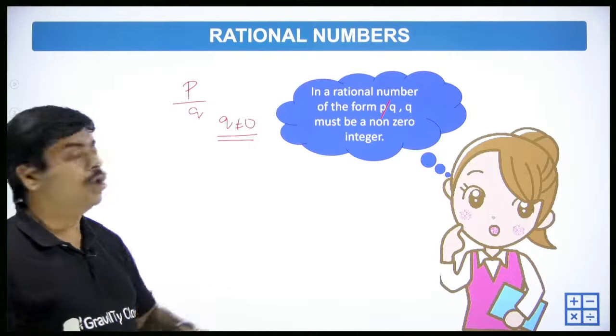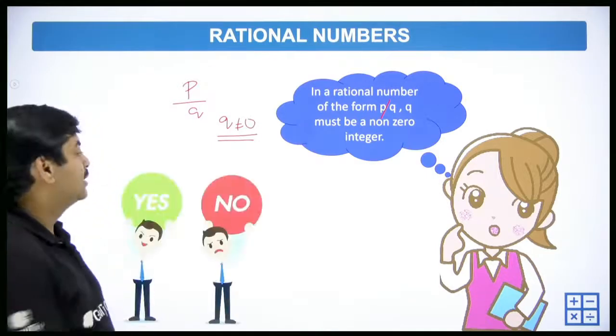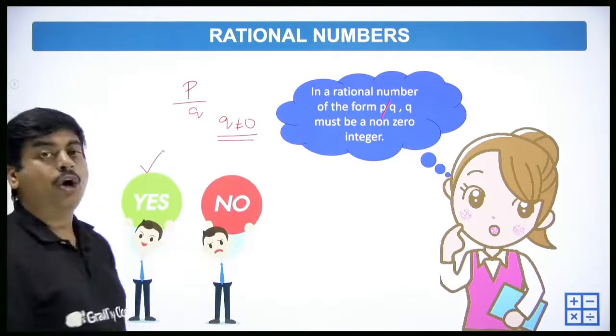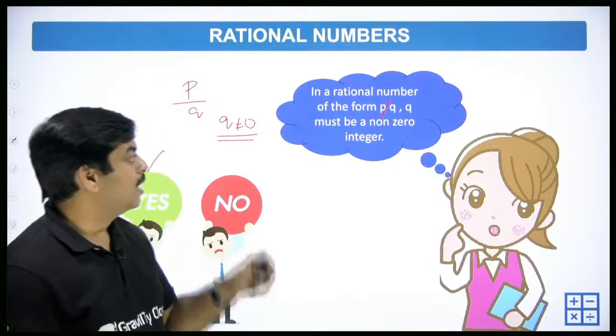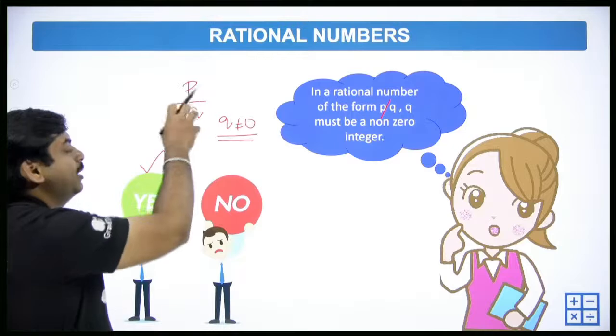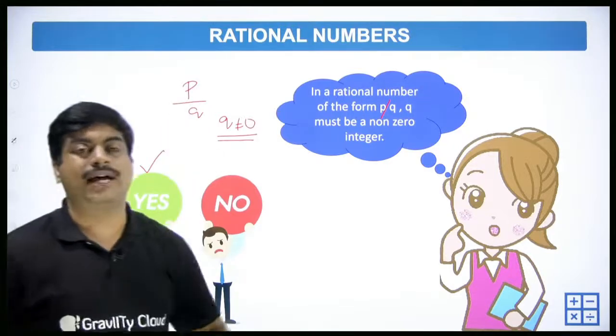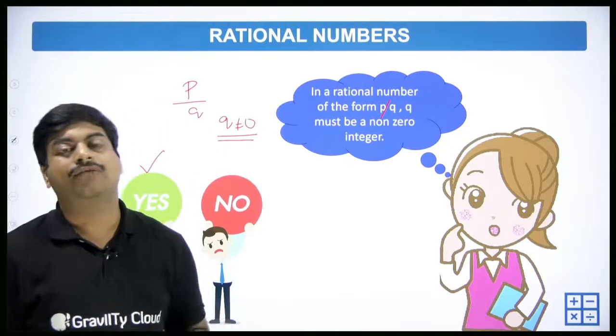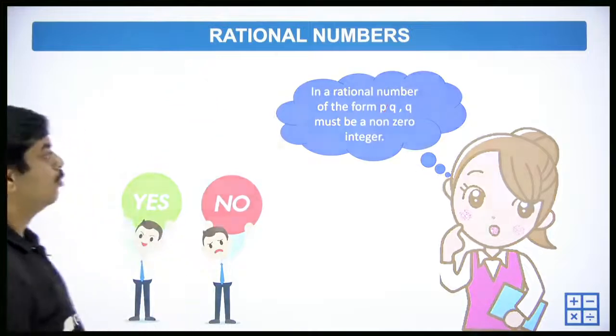That means it cannot be 0, because if the denominator is 0, it becomes undefined. So let's try to discuss more about this one.